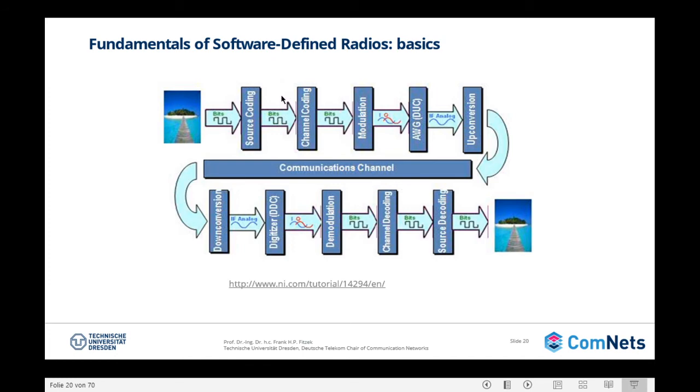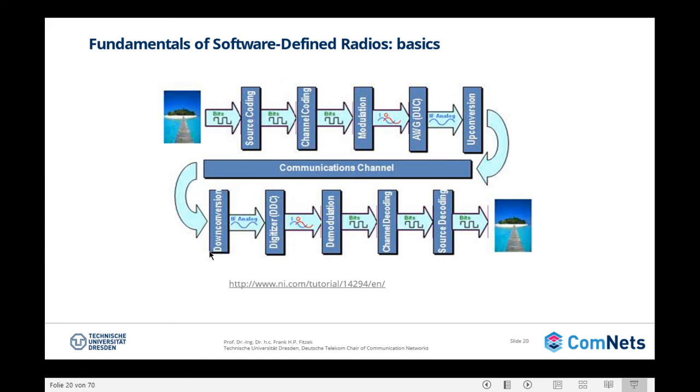Then we have to do the channel coding and the modulation, and then we have to go through the radio frequency front end until we obtain the up conversion, in which we can really transfer the signal.